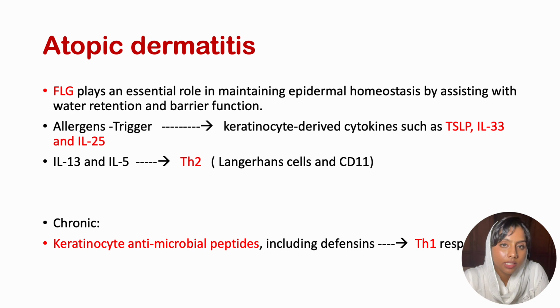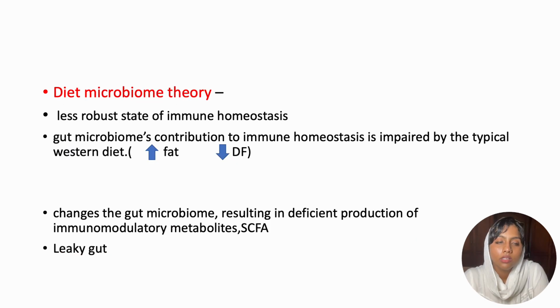Next is atopic dermatitis. As we know, it's basically multifactorial. It can be filaggrin deficiency compounding with an impaired immune mechanism that results in atopic dermatitis, where there is more Th2 in the acute phase and more Th1 response in the chronic phase. One theory to explain atopic dermatitis is the dietary microbiome theory, which mentions that due to the Western diet, there is more fat and less dietary fiber, which changes the gut microbiome.